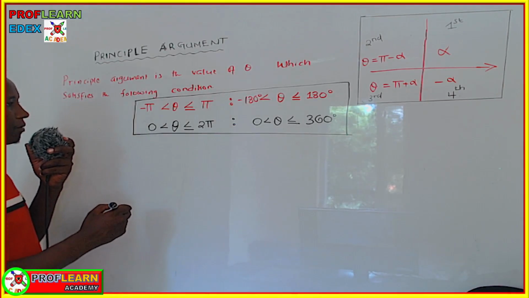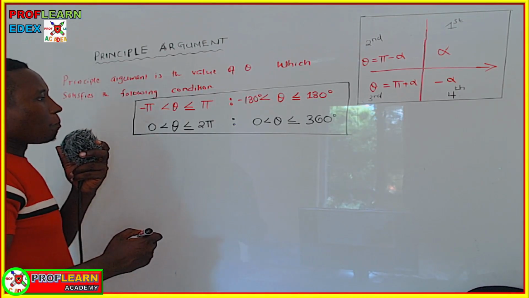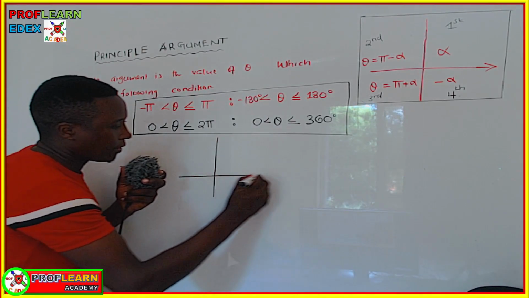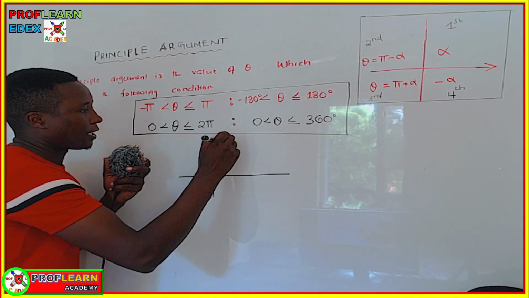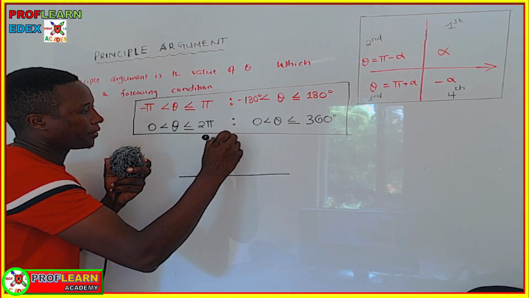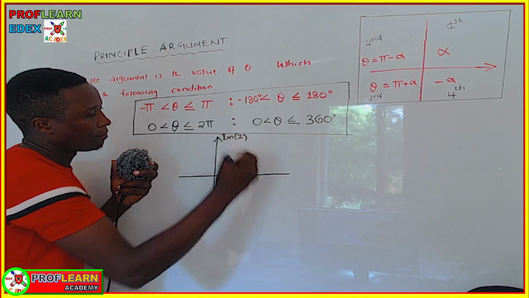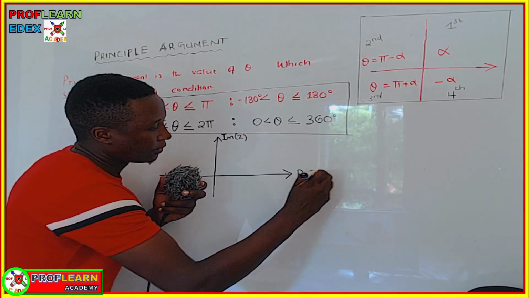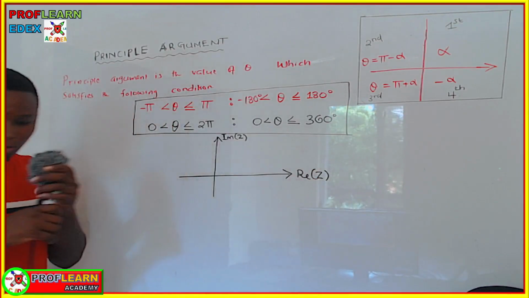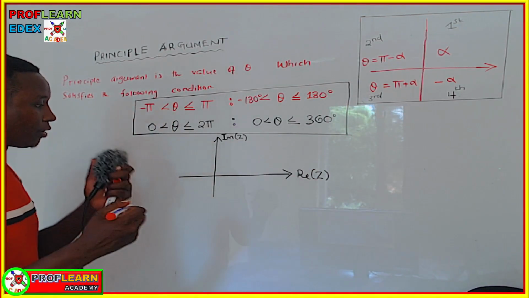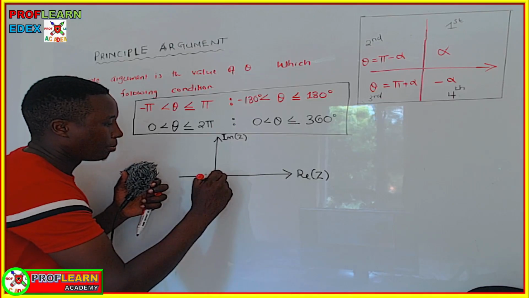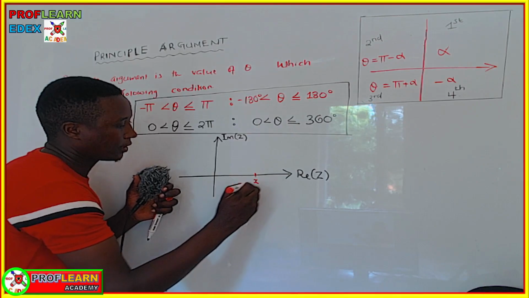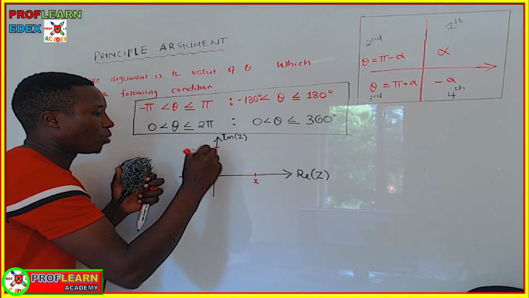Now, the argument that we are talking about in this case, of course, this is the imaginary Z, and this axis here is the real Z. So if we are talking about the argument of a complex number, suppose we have a complex number which has x and it has y.